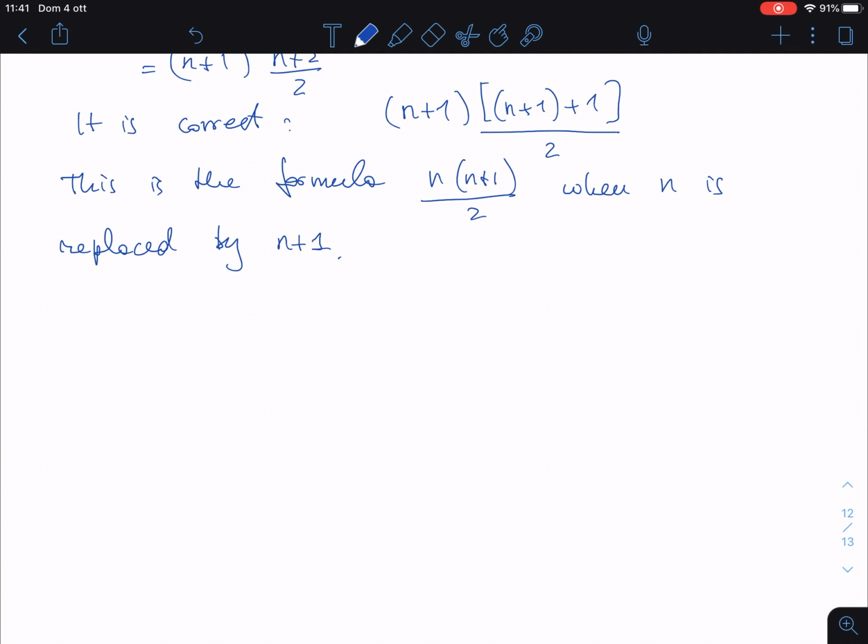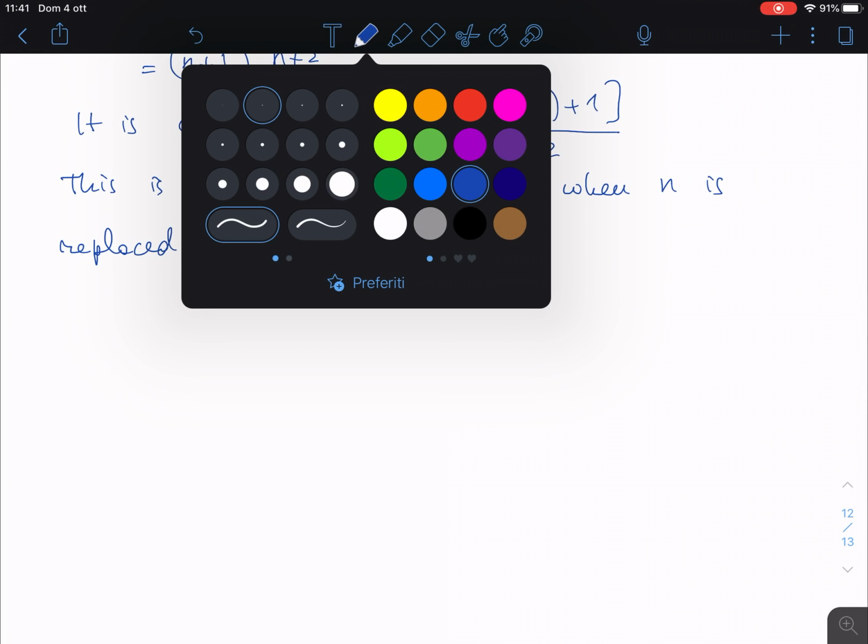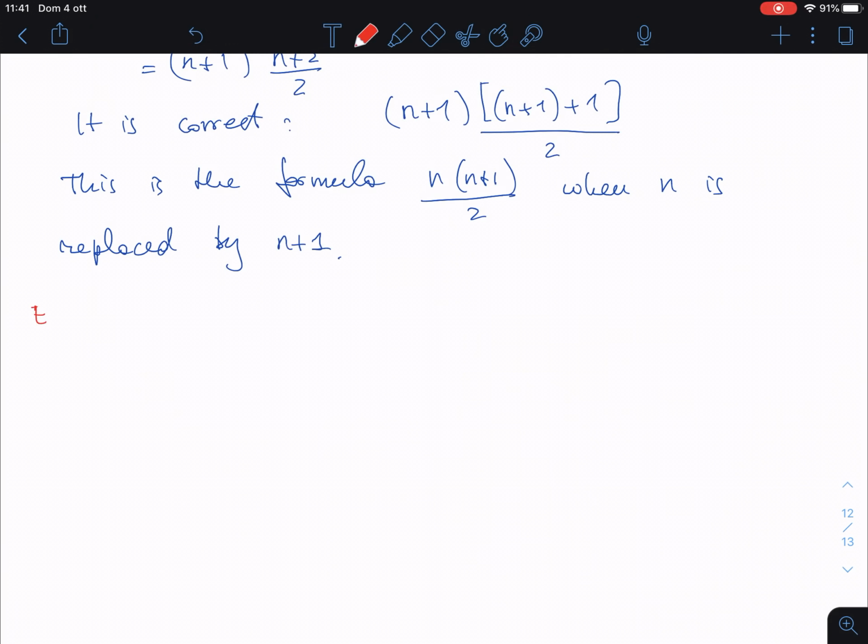And now I give you as an exercise to compute the sum of the first n squared. Or better, not to compute, I don't try to find some heuristic. It is not so easy like before, but you can try to find it.